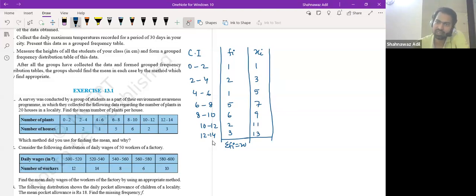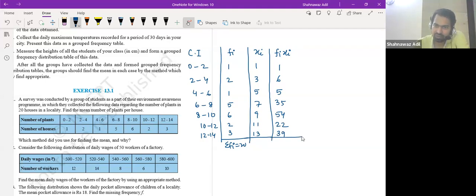Now we have to make another table which will be of fi xi, right. So this is 1 into 1, 1, 2 into 3, 6, 5 into 1, 5, 35, 54, 22, and then this is how much? 39.